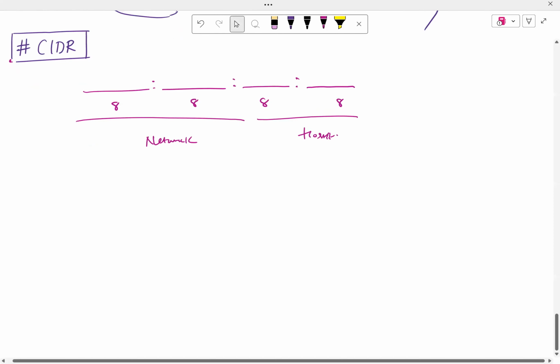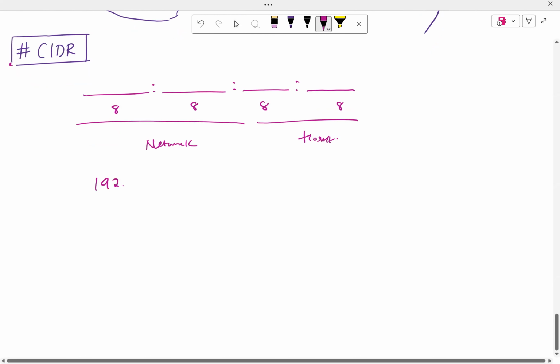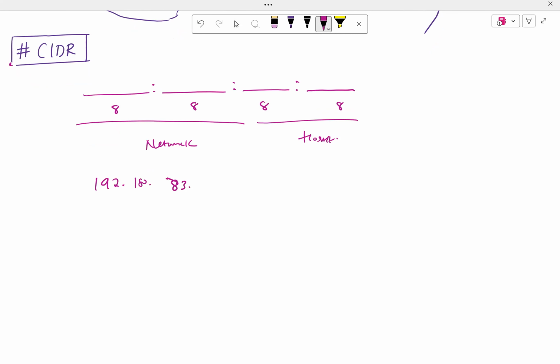The address will look like this: 192.180.83.235/16. That means the first 16 bits are used for network and the rest are used for host. It will be allotted based on your network size.